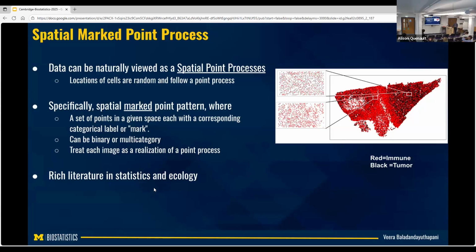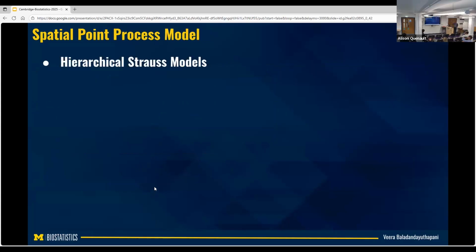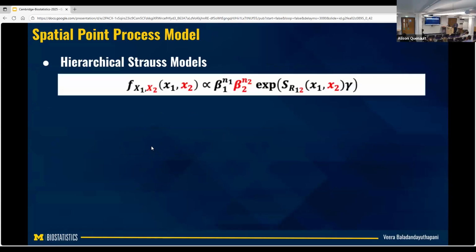There are many marked point process models. There is one in particular which is very natural for this data, called the hierarchical Strauss model. It's a very nice model, which you can link to the actual tumor evolution and how the data could have potentially evolved. I'll tell you the reason why. Without going too much into details, this is the likelihood function.